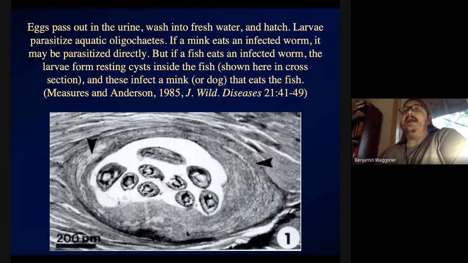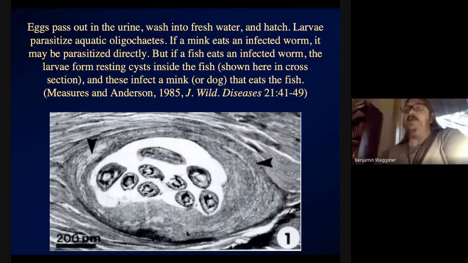Probably more likely is for a fish to eat an infected worm, because a lot of freshwater fish do depend on little oligochaetes as a food supply. The larvae form resting cysts inside the fish, and these will infect a mink that eats the fish, or for that matter, a dog that eats the fish. This is just yet another example of the fish being a paratenic host.